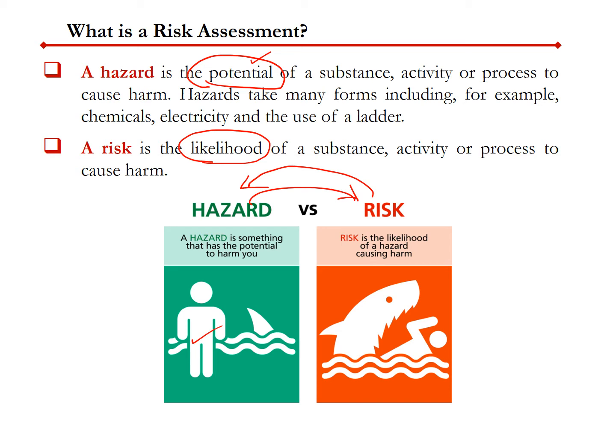There's a likelihood that that harm may be caused, or that harm may happen, and that is what you call the risk. So basically, this is the difference between the two. The hazard is the presence, the existence of that energy that could lead to an accident, or that could cause harm, or any potential unwanted event. While risk is the possibility and the likelihood that it will actually happen, and this likelihood could vary. It could be very high or very low, and that is basically the essence of risk assessment.